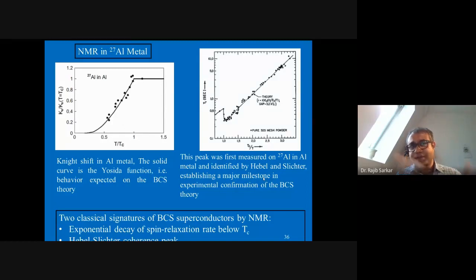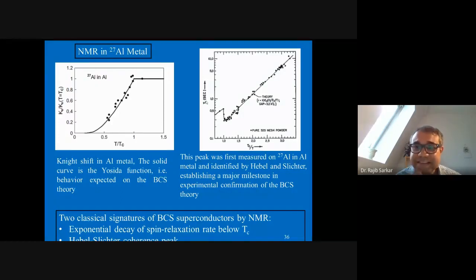What I want to show you, quickly, is this: take aluminum-27 metal, a very nice pure metal, and measure the Knight shift as a function of temperature. Below a certain temperature, the local susceptibility, the Knight shift, goes down very sharply. That tells you how the singlet state, the Cooper pairing singlet state, is forming at the microscopic level. There is also additional interesting information: a peak in the spin-lattice relaxation rate as you enter the superconducting state.